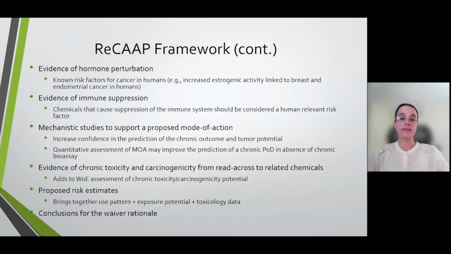And then finally, the uncertainty factors are important. These should be applied in order to account for any uncertainty that you may have in the conclusions that are being drawn. And then all of these pieces are pulled together to form your conclusions for your waiver rationale.